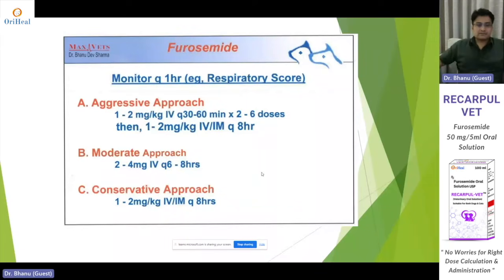You keep checking the pulmonary crackles by listening to the lungs with the stethoscope, or you repeat the radiographs to evaluate how much of the pulmonary edema is left or not. And there are some other approaches depending on the response, depending on the amount of fluid buildup. So the dose can vary from 2 to 4 mg per kg, and the frequency also depends on how much fluid is there in the lungs.